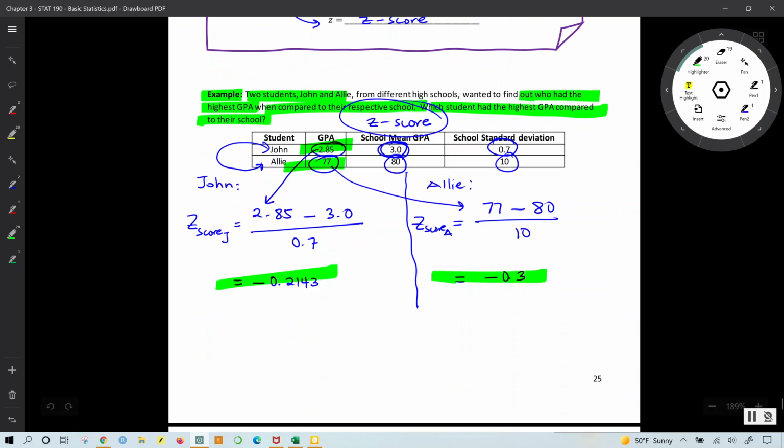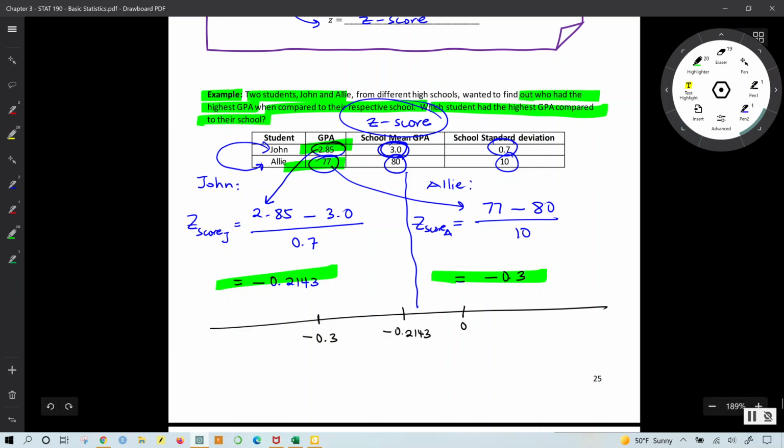If we look at this on a number line, you'll see that you have the number 0 here, negative 0.2143 here, and negative 0.3 here. Well, in this context, bigger is better. Again, context is everything. So, who has the bigger one here?